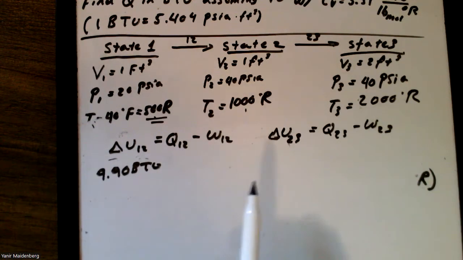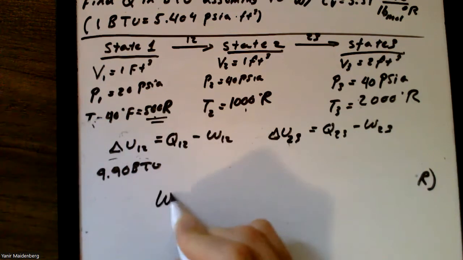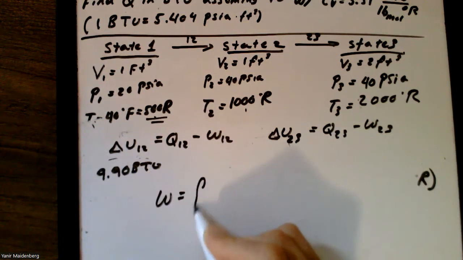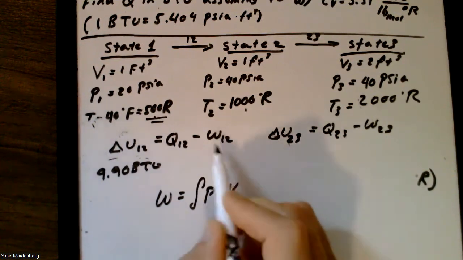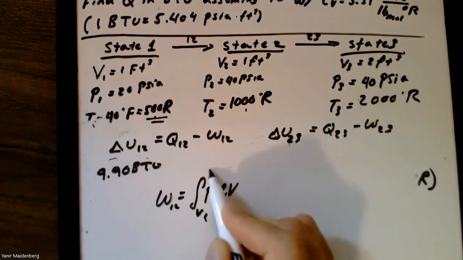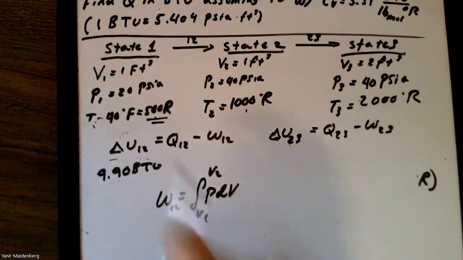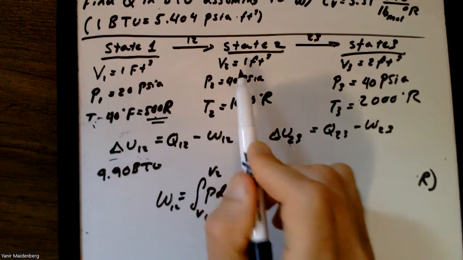Okay, the only assumption I have here is that the work is expansion work. Expansion work is the integral of PdV. So this here, work 1 2, is from V1 to V2. I have to integrate P with the volumes. Okay, cool. V1 is 1, V2 is 1, so this thing's 0.